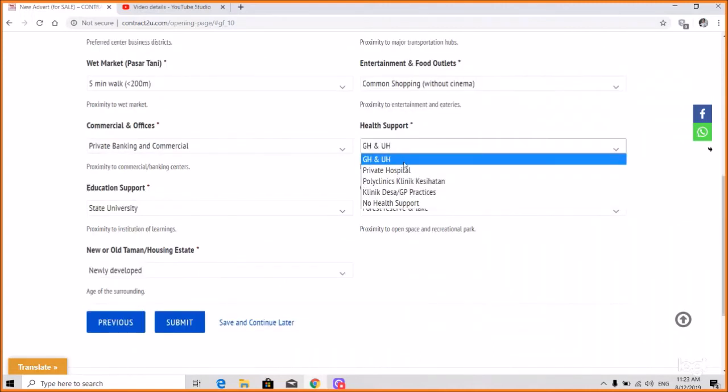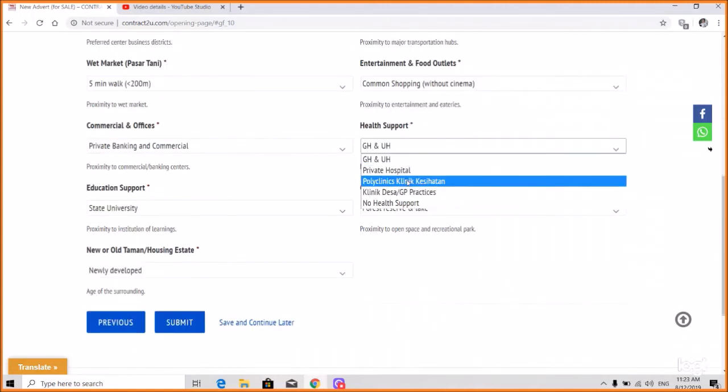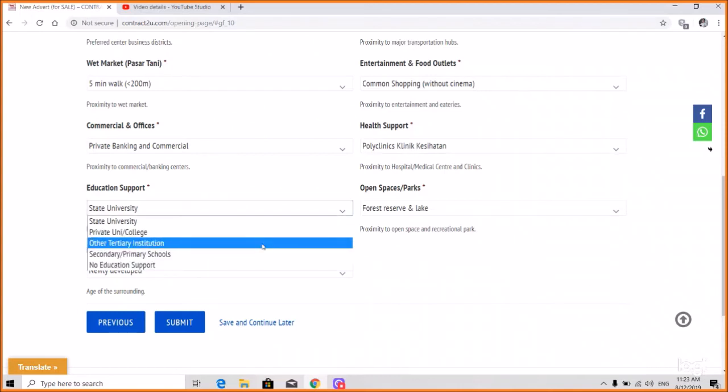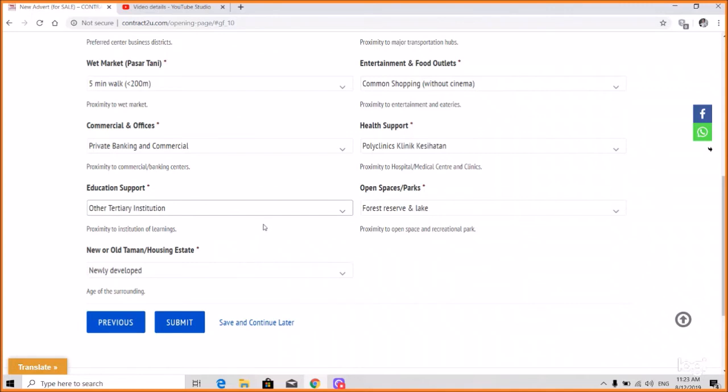For health support, there is a polyclinic actually at Batu Kawah. So this polyclinic is nearby. Education means there is a college or a private university near to it. There are a few tertiary institutions around the MJC area within walking distance. Some of the students are staying in Sky Villa anyway.